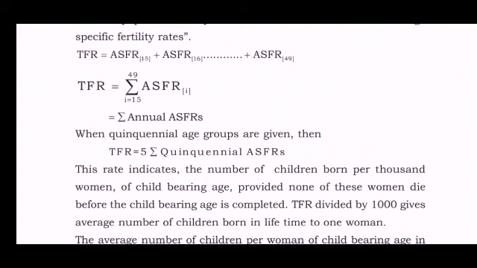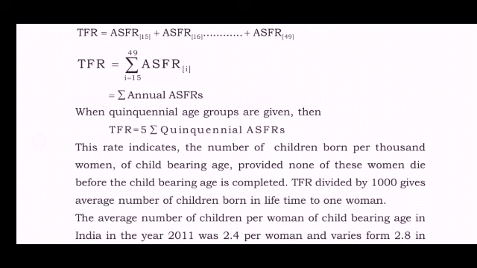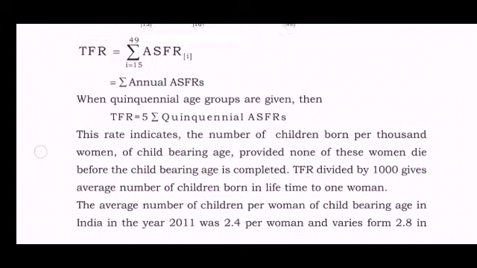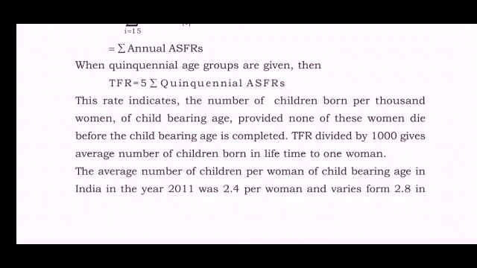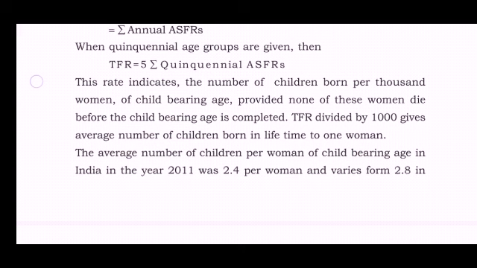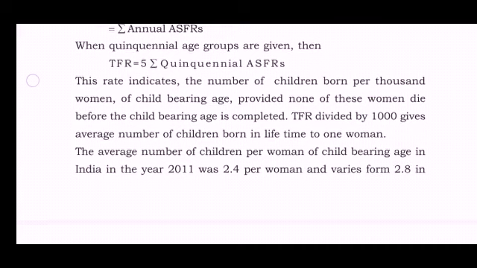By making groups, as we already discussed with quinquennial ASFR, that means 5 year age groups, 7 age groups in total, and 5 is the width here. So we have another formula: TFR is equal to 5 into the summation of quinquennial ASFR. 5 is the width of the class here and in total 7 classes we get.